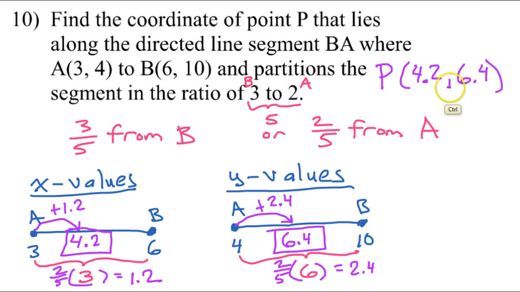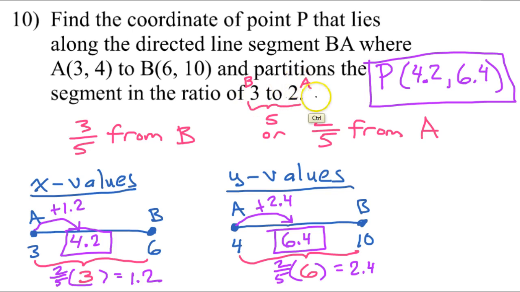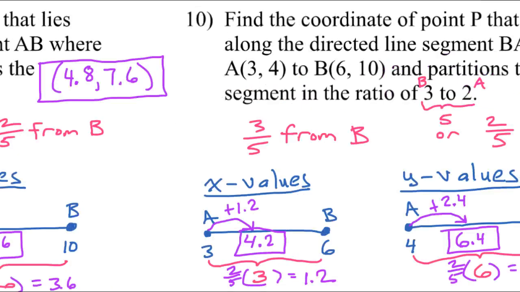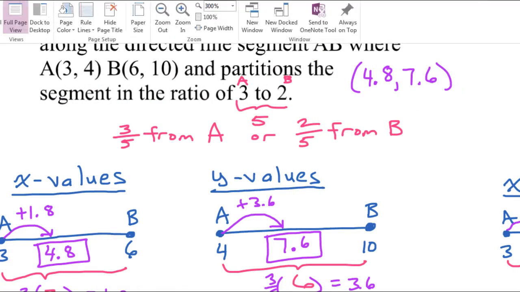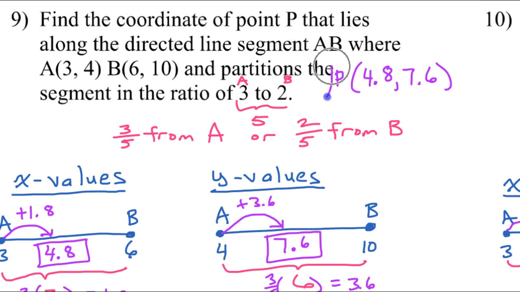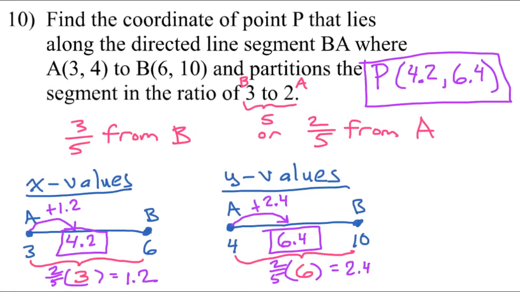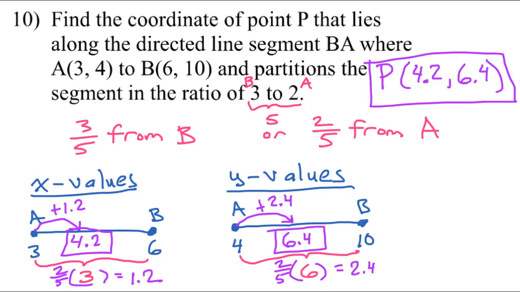All right, so this is the point P that splits segment BA into the ratio of 3:2, where the distance from B is a little bit bigger than the distance from A. All right, and just looking back at the previous problem, I should have called this point P as well. So I think I'll just make that last minute change and call it point P. All right, anyway, that is how it's done.